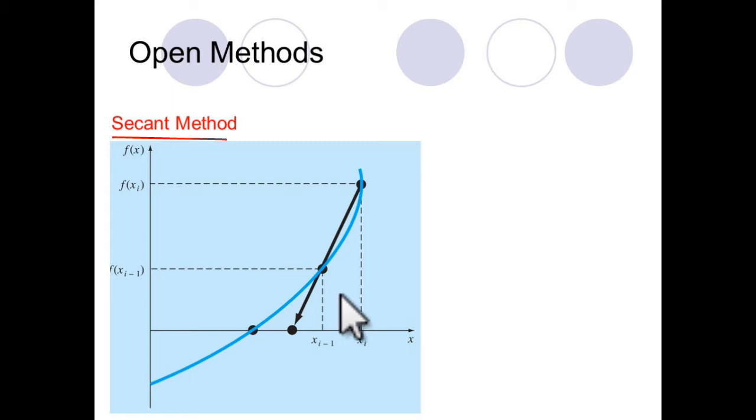Now, just assume that we have a point xi minus 1, and then we have xi. We calculate the function values and then we draw a straight line. This is the basic idea of the secant method: the line passes through these two points, and then we find the new point which crosses the x-axis.